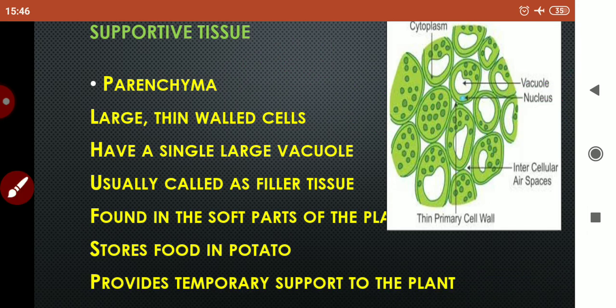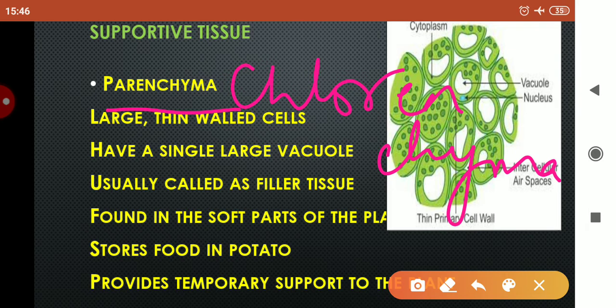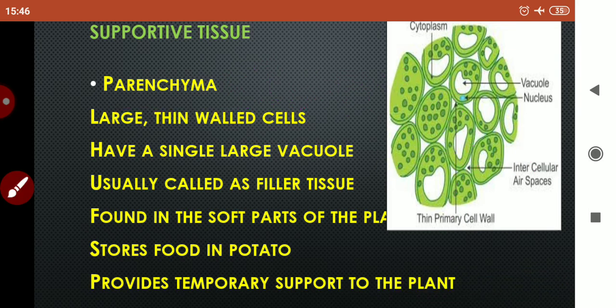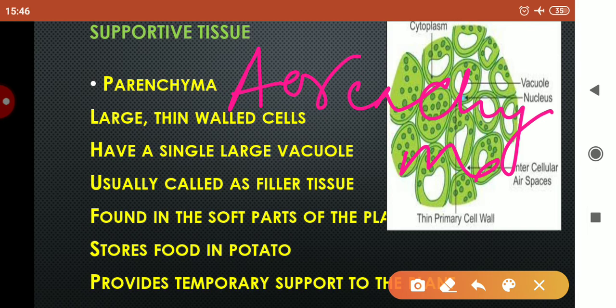Spelling I am writing here, please take a look. Chlorenchyma. And if this parenchyma is present in aquatic plants, so then it is called as aerenchyma. Okay children.